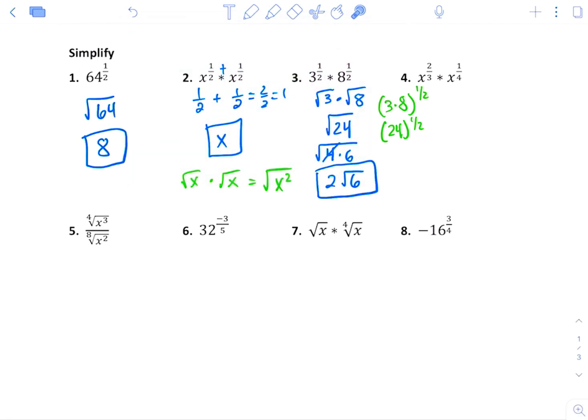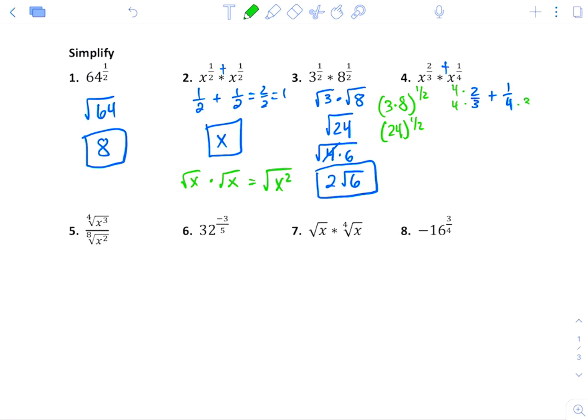All right, on our next one. So bases are the same, which means that we need to add our exponents together. So we are taking 2/3 plus 1/4. So if you want, you can do that on your calculator. I'm going to work through it by hand. So we're adding, which means that we need a common denominator. So our common denominator would be 12. So I'm going to have to multiply the numerator and denominator by 4.